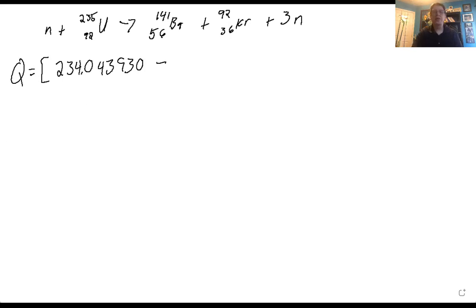Barium-141, we are told, is 140.914411. And these are atomic mass units, minus the krypton, which is 91.926156.